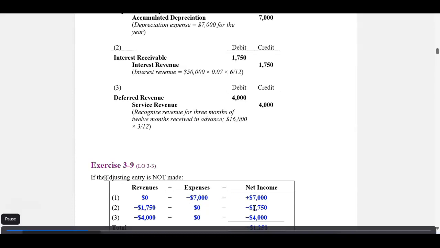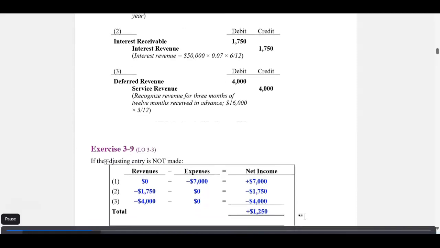Therefore, your net income will be understated by $1,750. If you don't do number 3, recognition of revenue, your revenue will be understated by $4,000. That means your net income will be understated by $4,000. If you don't do any of those 3, then overall, your net income will be overstated by $1,250.